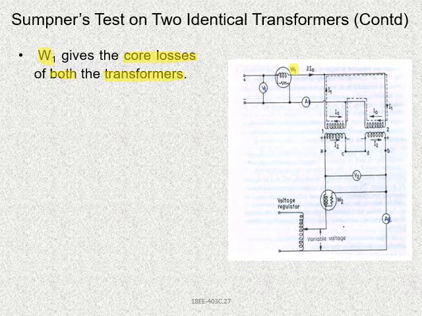If it is a short circuit test, then W2 gives us the copper losses. But here we have opened the secondaries of the two transformers, so the entire power consumed is in the primary, that is I0. So W1 measures the power consumed for the entire core loss of both the transformers.